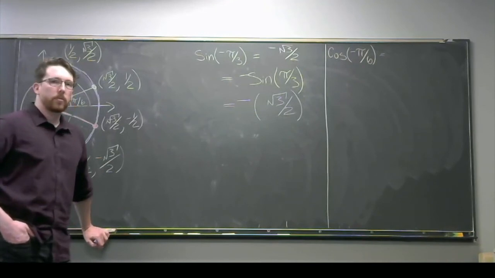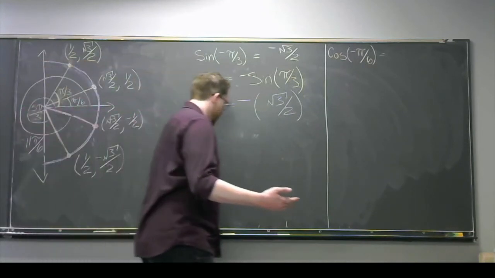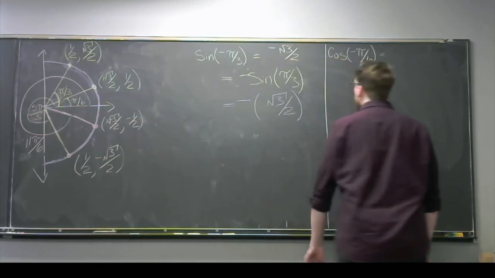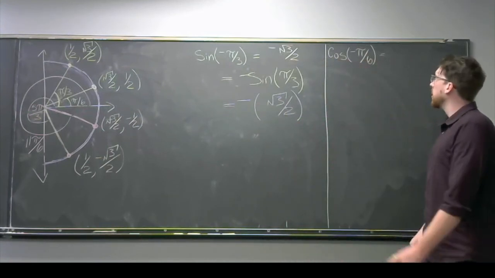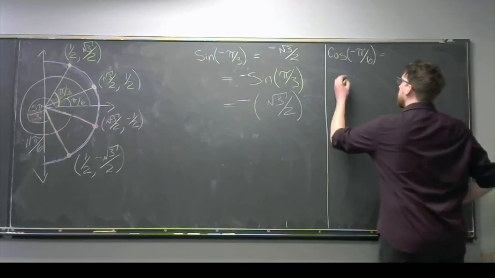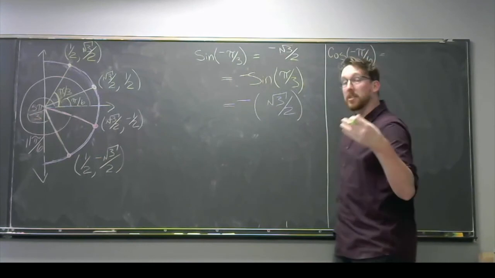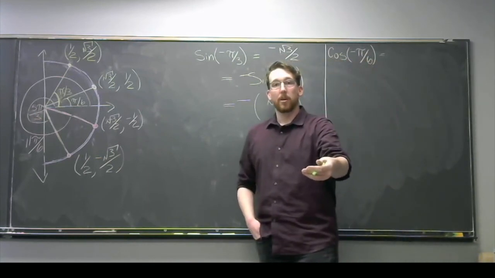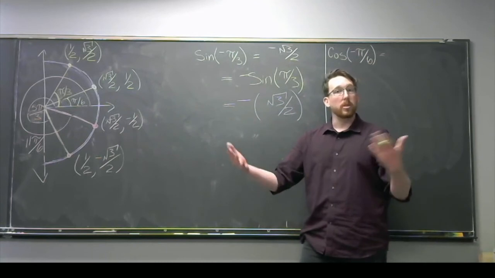All right, so let's look at cosine then. In the case of cosine, let's use the fact that cosine is even. Even functions are the case where if you pass a negative variable through, so we have f of negative t, that's going to be equal to just f of t.